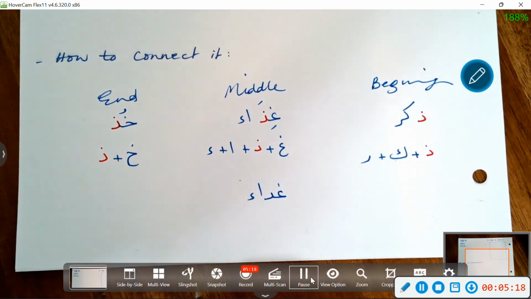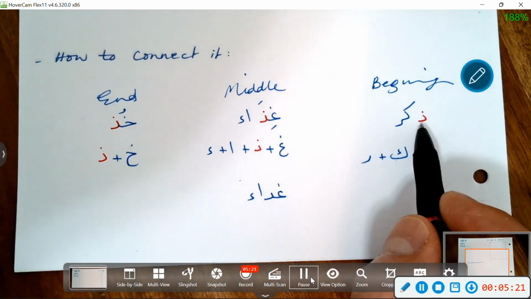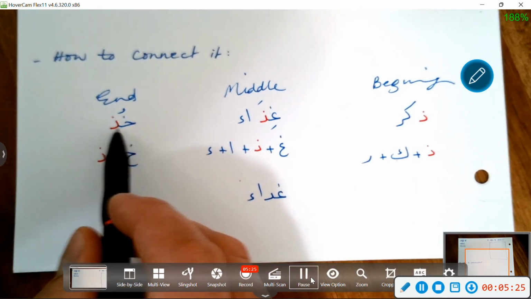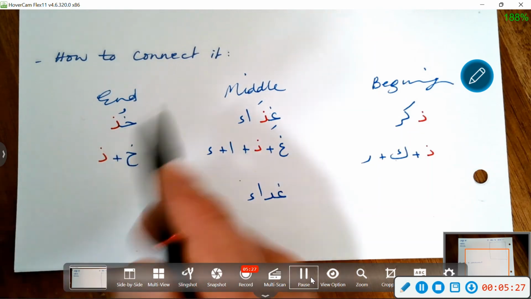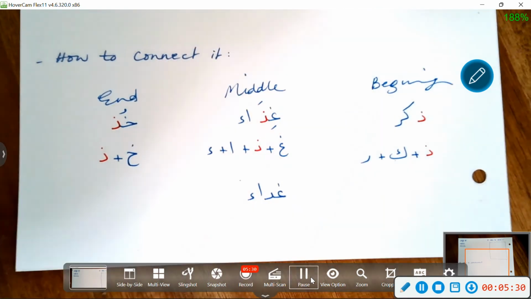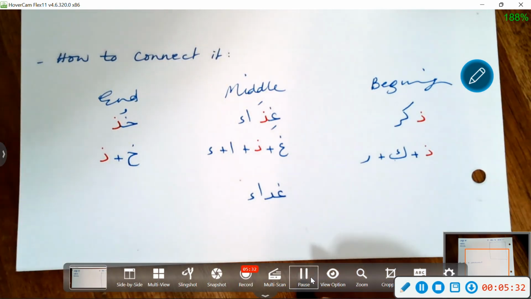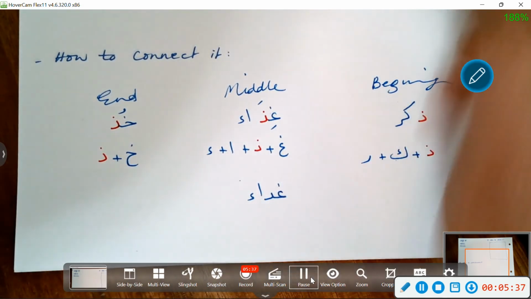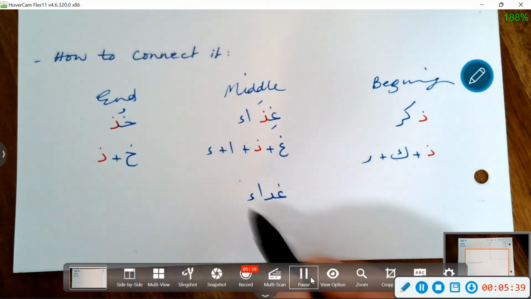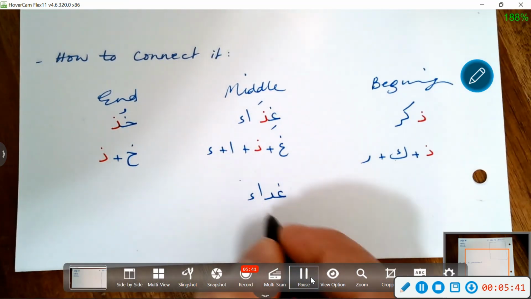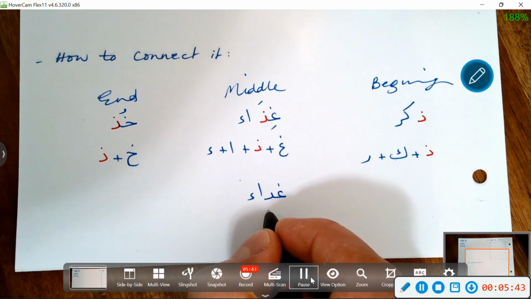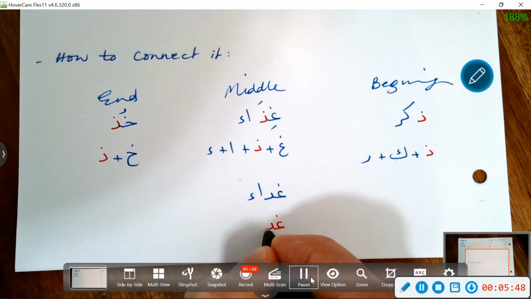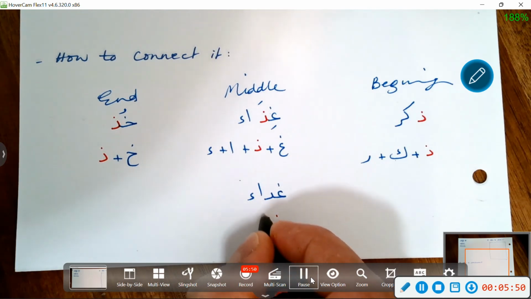Now as we see here, daal doesn't connect from the left side, only from the right side. And we said why in the previous letter, that some letters don't connect. One of them is da and da. These are two of them. If we connect them, we cannot read the word because it's going to be mixed with ba, like this, gha, and then the. If we connect it with the alif, then it's going to be read ghina.